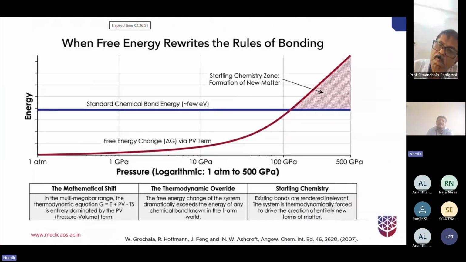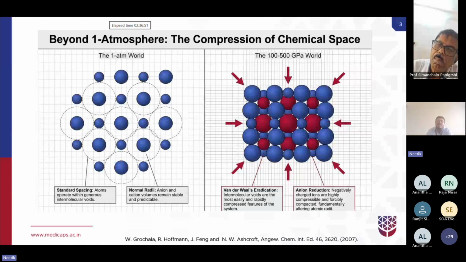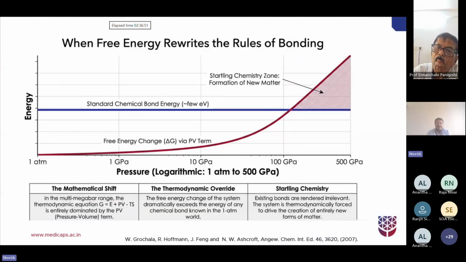Particularly, the interatomic and intermolecular distances become very close, and that leads to an increase in covalency in the systems. Moreover, from a thermodynamic point of view, in the free energy, which contains a PV term and a TS term, the contribution of the PV term dominates because the entropy of the system becomes very small as we have compressed it into a very narrow range.